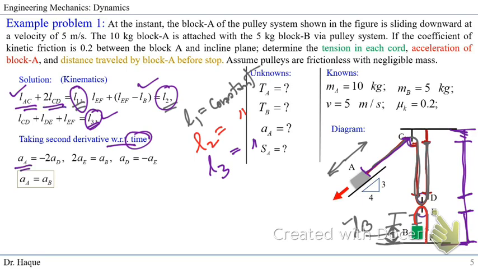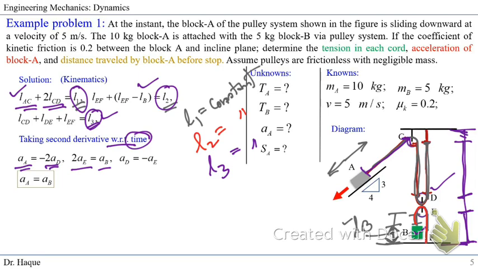And 2CD, if we take the derivative, gives us the acceleration of pulley D. Same for 2AE and AB: AE is the acceleration of pulley E, and AB is the acceleration of block B.